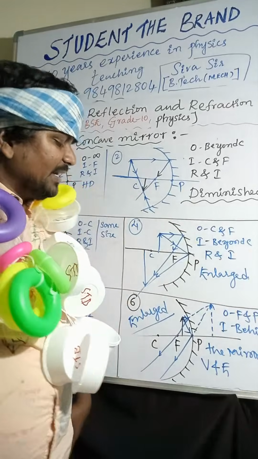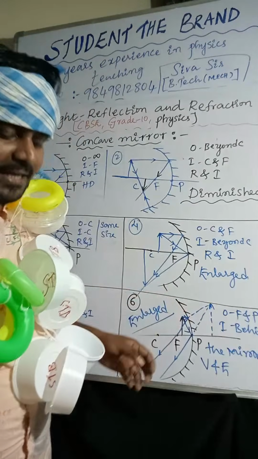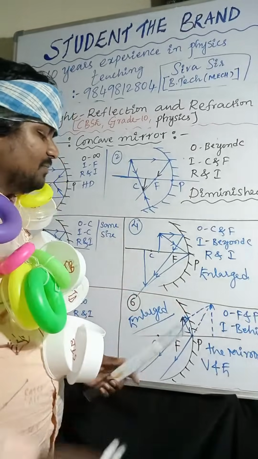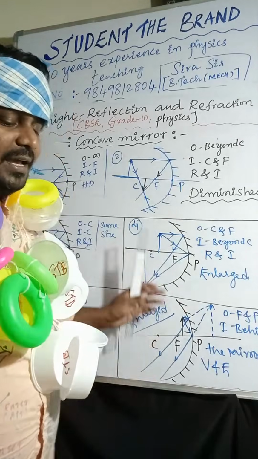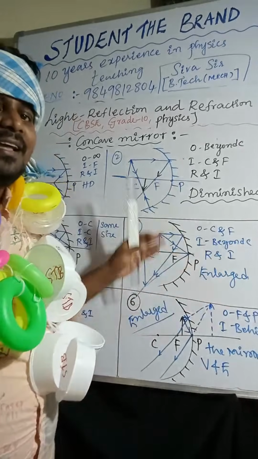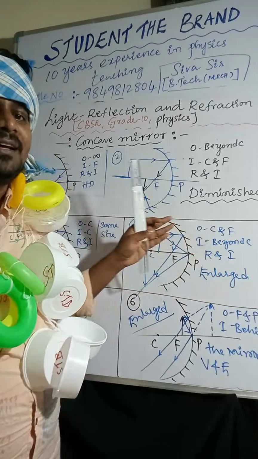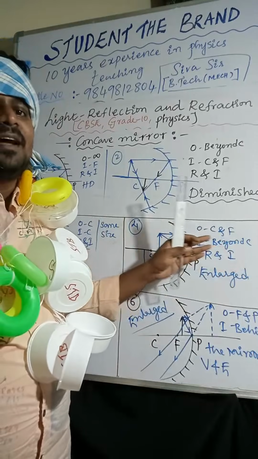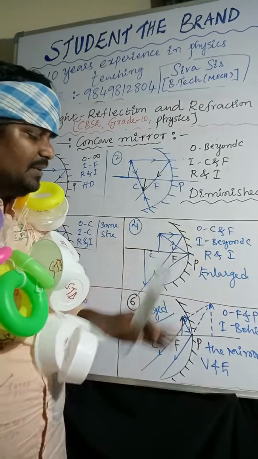So I'm considering here the object is placed between F and P. Image will form behind the mirror.